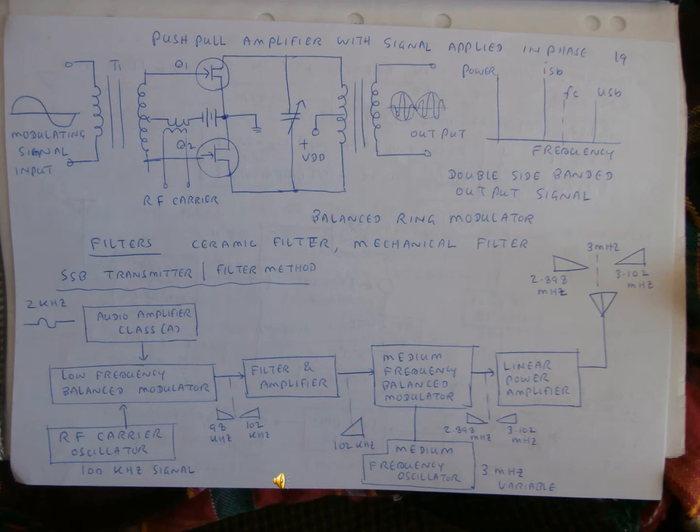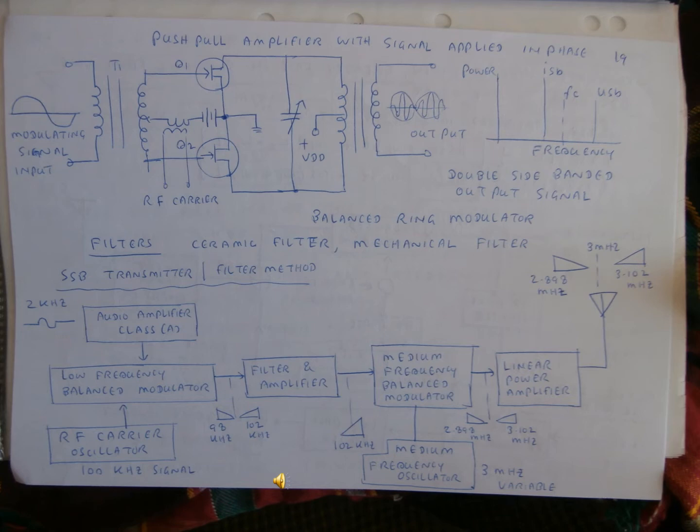Those output frequencies pass through the filter and the amplifier, and one sideband, 98 kHz, is eliminated; only the 102 kHz output proceeds. That output goes through the medium frequency balanced modulator. In the meantime, the medium frequency oscillator with the 3 MHz frequency also provides an input. The frequencies are combined, and the final output will be 2.898 MHz and 3.102 MHz.